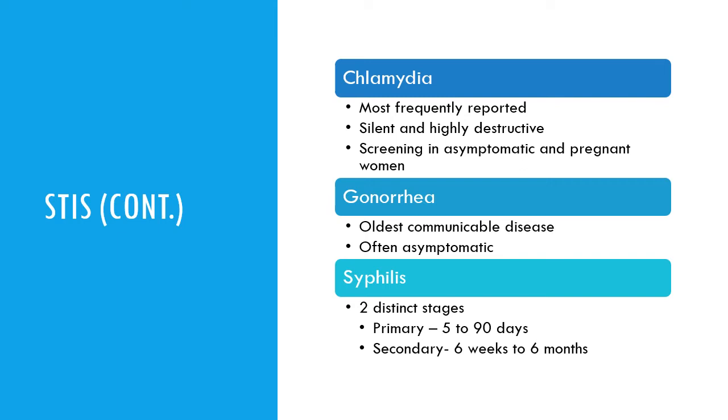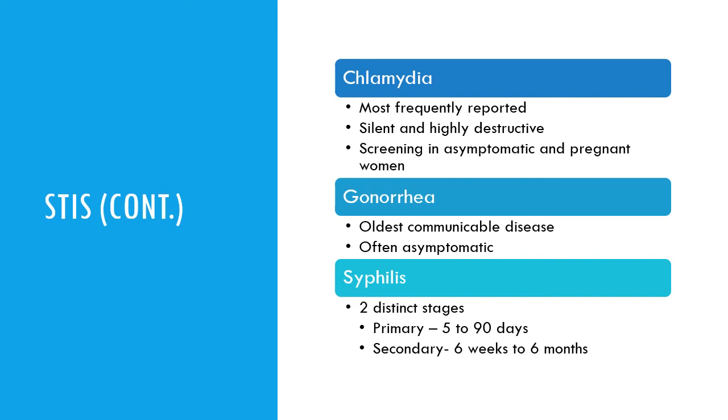Gonorrhea is the oldest communicable disease in the United States. Again, it is often asymptomatic. If we do see symptoms, we can see a greenish yellow discharge, painful menses, or menstrual irregularities.